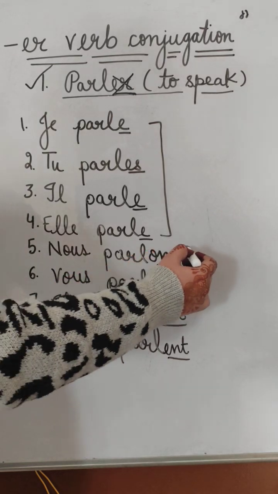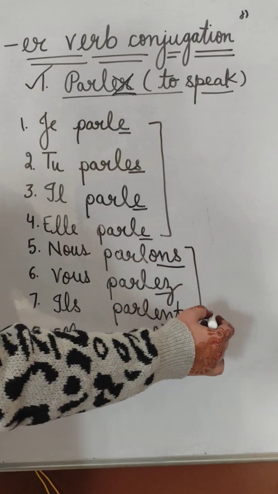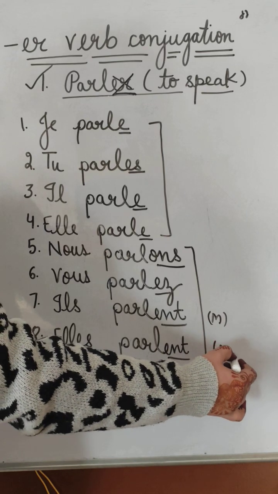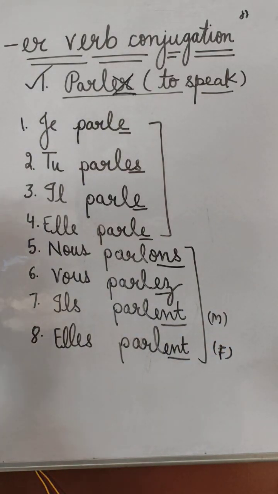So these are in the plural form. Ils is the masculine one and elles is the feminine form. So what are the meanings? I speak, you speak, he speaks, she speaks, we speak, you speak, they speak in masculine form and they speak in feminine form.